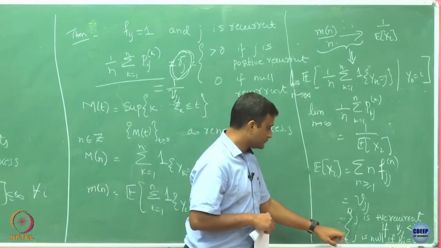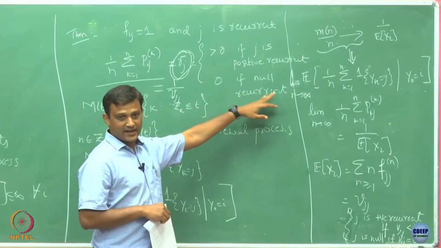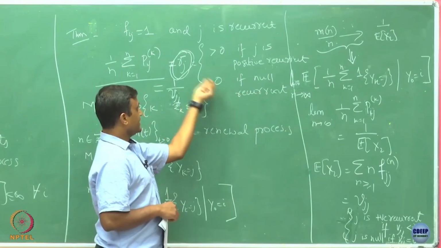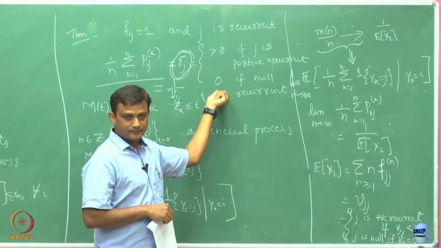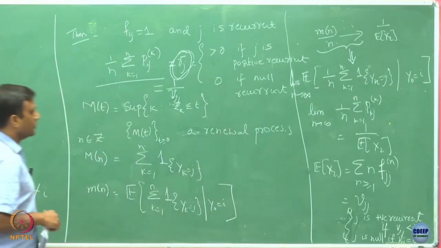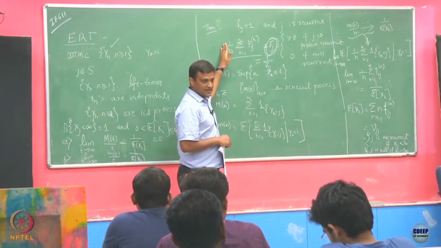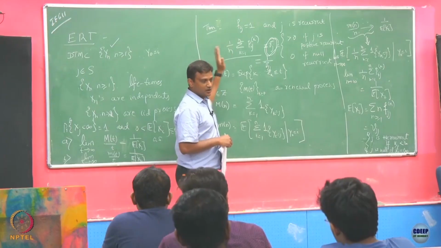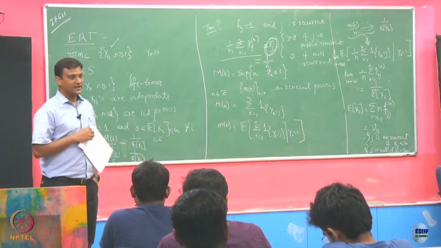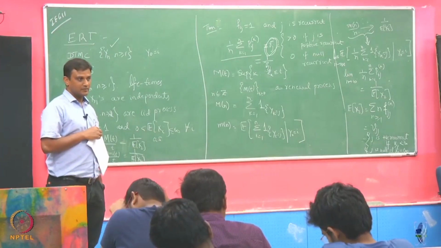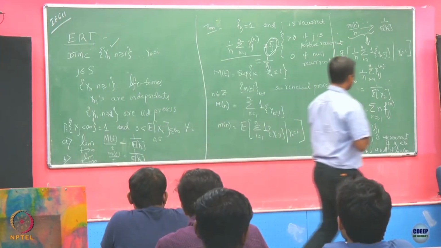When nu jj is infinity, that is when j is null recurrent, then this quantity has to be 0, right? So basically the result we used earlier is a simple consequence of our elementary renewal theorem.